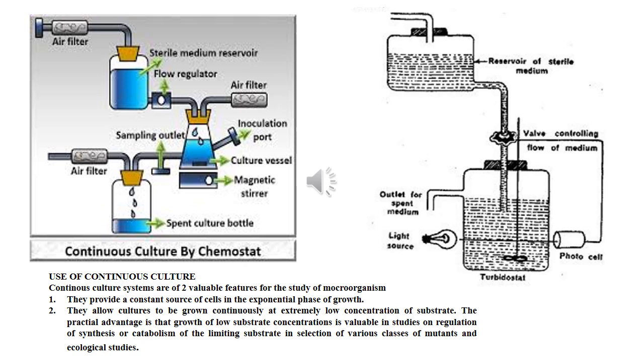You will see a sampling outlet, and it is at that same rate of flow in of sterile medium that spent culture is allowed to enter into the spent culture bottle. You will also notice that there is a constant level device.